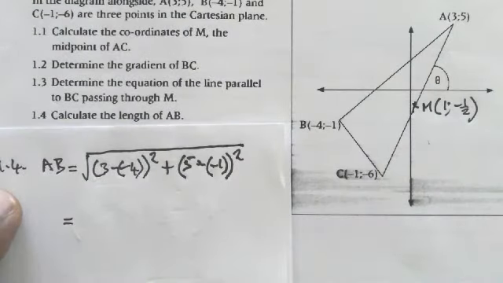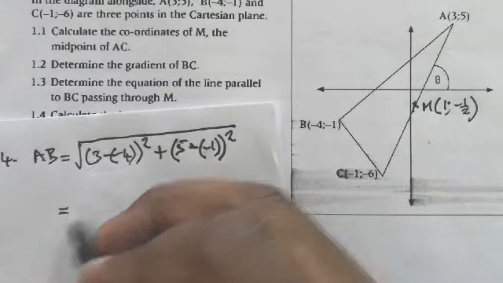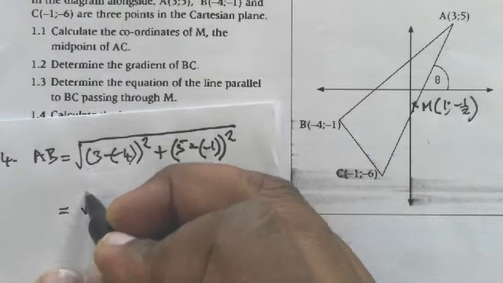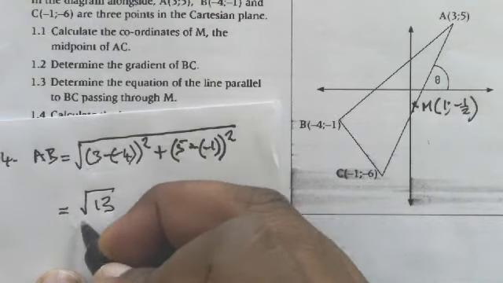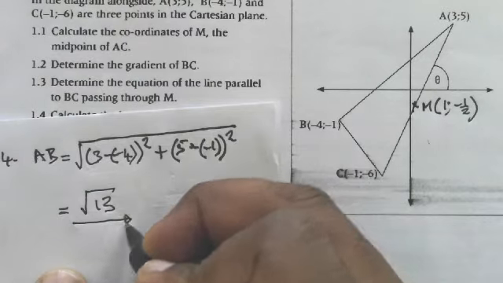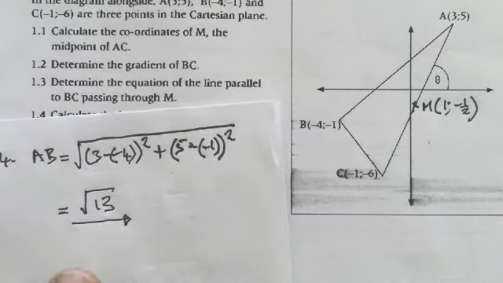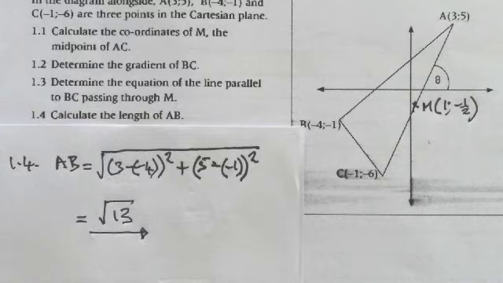This is just going to be done in a calculator. So it's just the square root of 13. It's always better for you to just leave it as a surd.